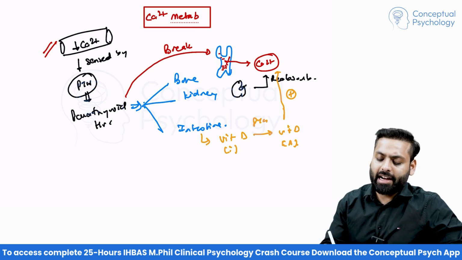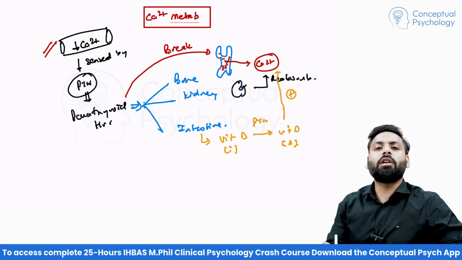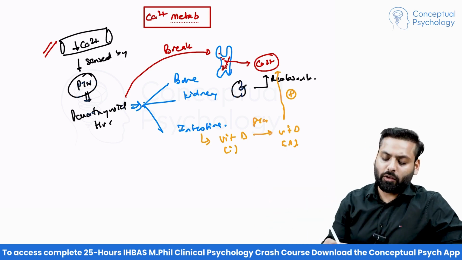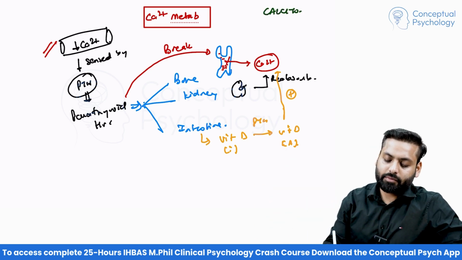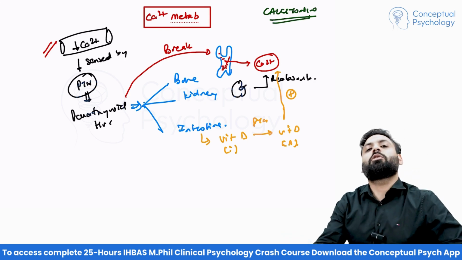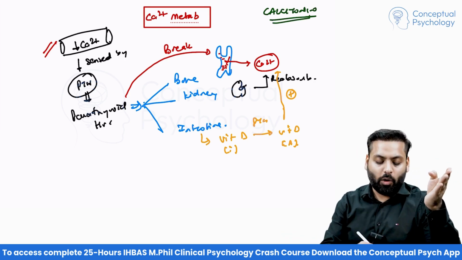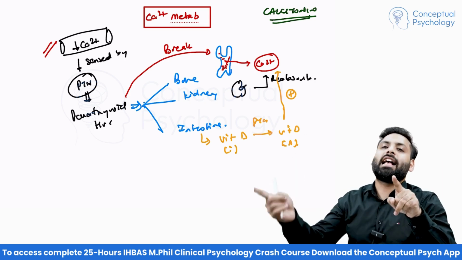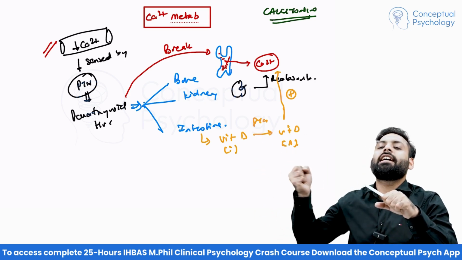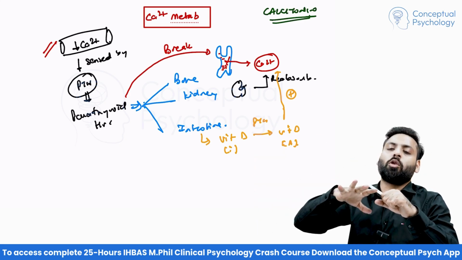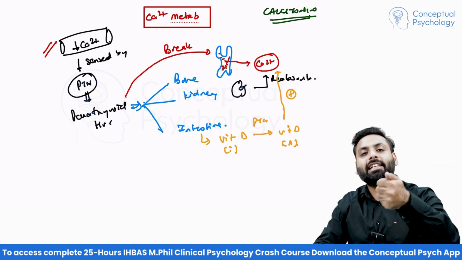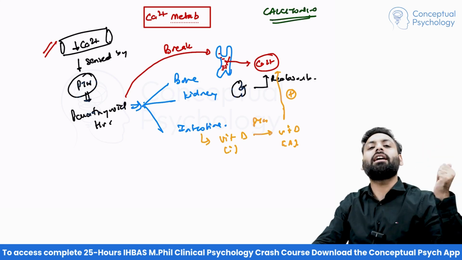Okay, and the hormone which does exactly opposite of this is calcitonin. Parathyroid is breaking bone. Calcitonin will take the calcium from the blood and give it to bone. Parathyroid is taking the calcium from the kidney to the blood.